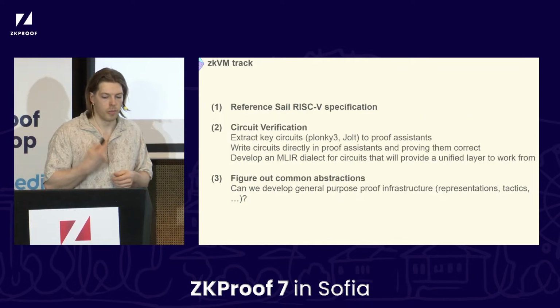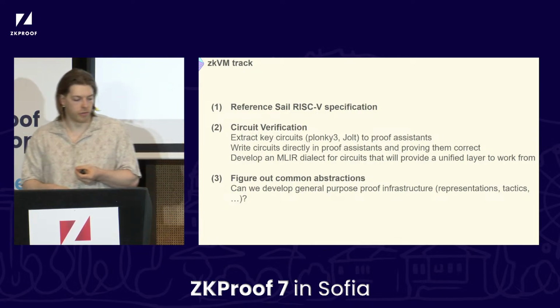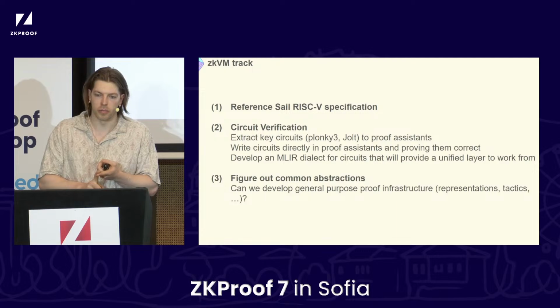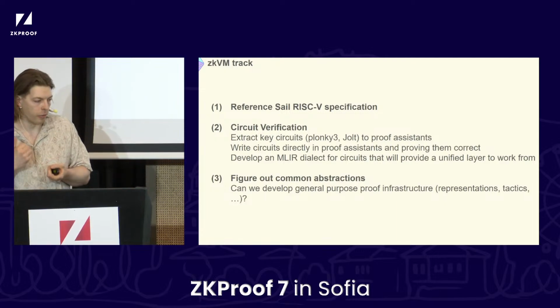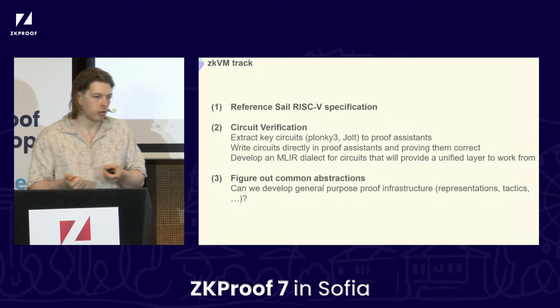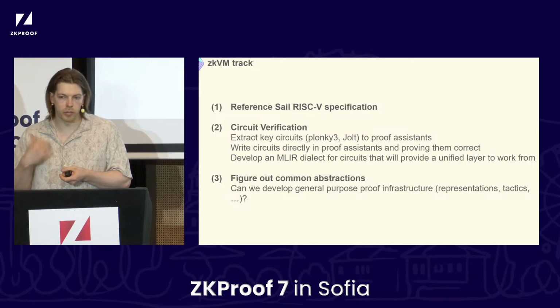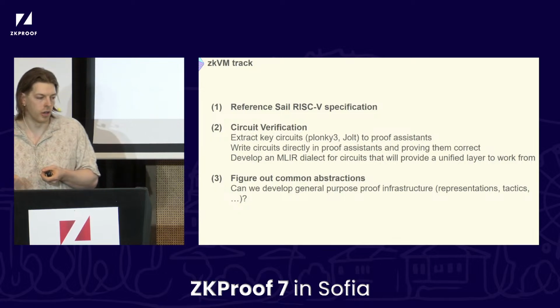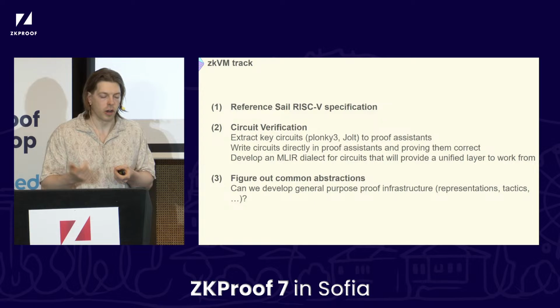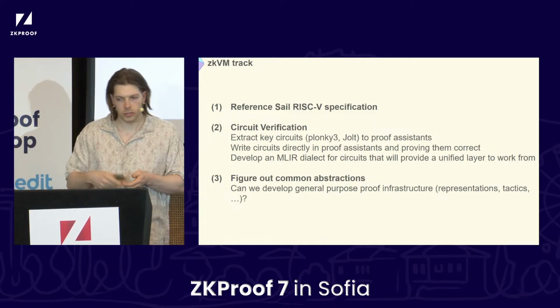To get into a bit more detail about the zkEVM track, we're working off of the reference Sail RISC-V specification. We recently had a grant that's made a lot of progress towards adding a backend to Sail, which is a language for defining ISAs. This means we can extract the reference RISC-V specifications to Lean, and we already have extractions that existed before to Rocq, HOL4, and Isabelle.